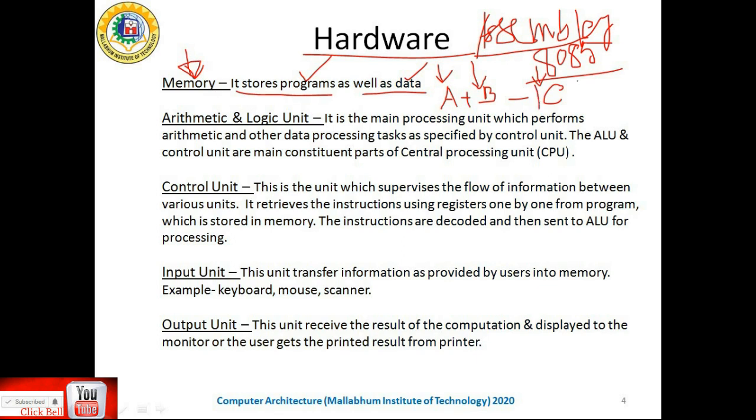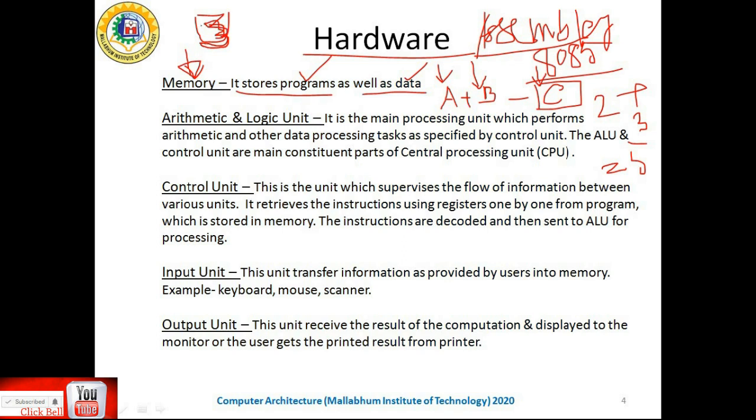Otherwise we can't get our result back. It will be displayed as some data at a particular memory location. Suppose 2 and 3 are added and the result is 5, and this 5 has to be stored within a memory location, so that we can access that memory location and get back our result.